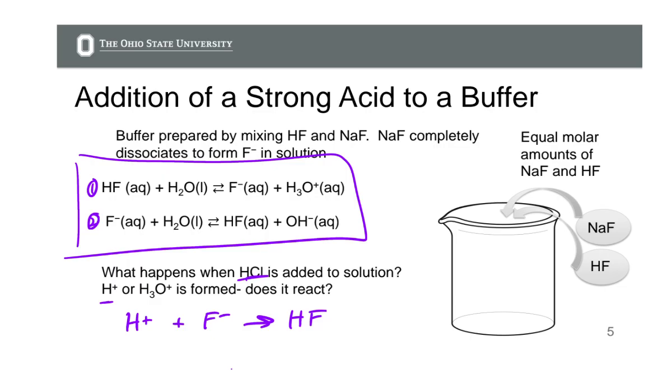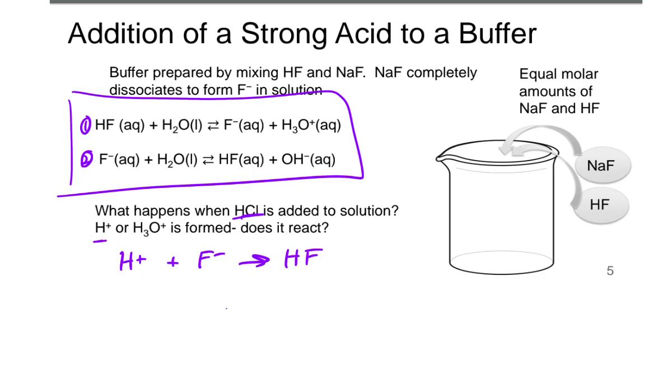Okay? This is where it gets a little bit complicated, so just listen, don't write it down. It doesn't matter all that much in this course what's going to happen next, so I just want you to listen. So if we form HF from this reaction, what happens with HF? This equilibrium. We reform more F-.